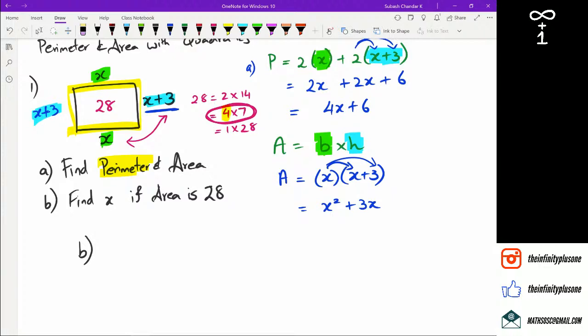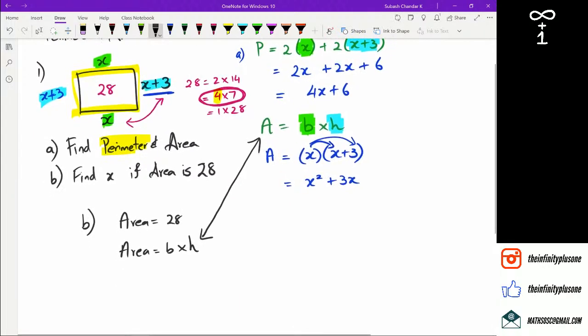What it's telling us is that the area is equal to 28. But we also know that area equals base times height. Remember, these two parts are connected.